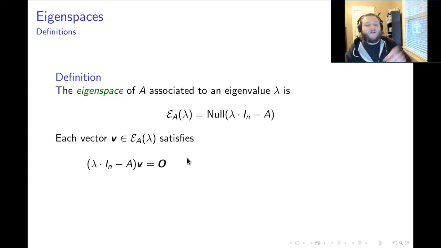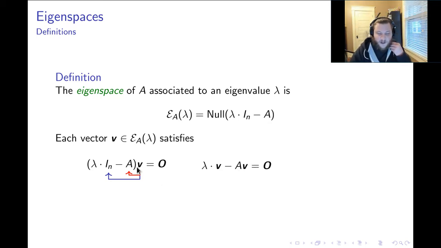And now what I want to do is play with this equation. I'm going to distribute v in this equation. So the first thing I'm going to do is distribute v to the identity matrix, and then we distribute v to A. Well, when we distribute v like this, the identity matrix times v is just equal to v, and A times v is just Av. So this expression, when we distribute, ends up looking like this. Lambda times v minus A times v equals the zero vector.